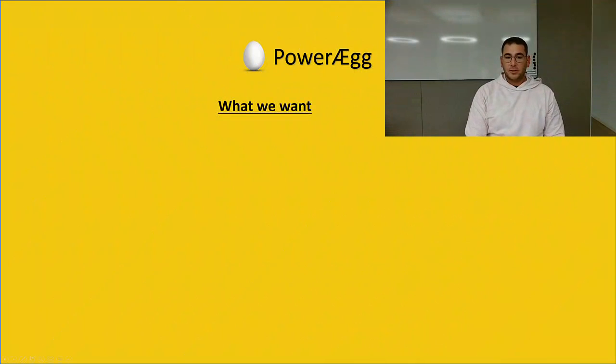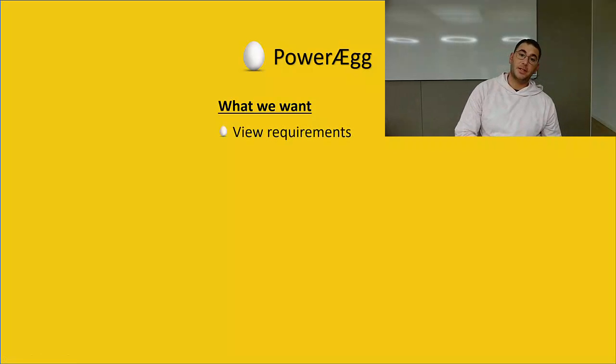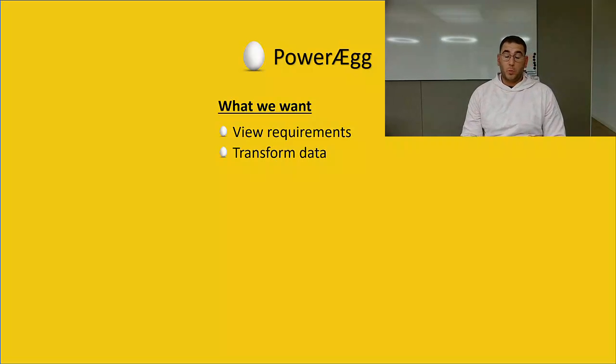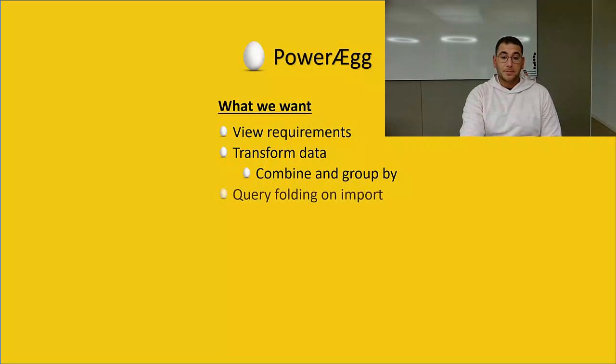All right, let's have a look at what we want. We have our view requirements. These are the requirements: we want all the information about a product together with the latest status it is in, in a simple table. Then we would probably have to do this by transforming the data, combining and grouping the data.